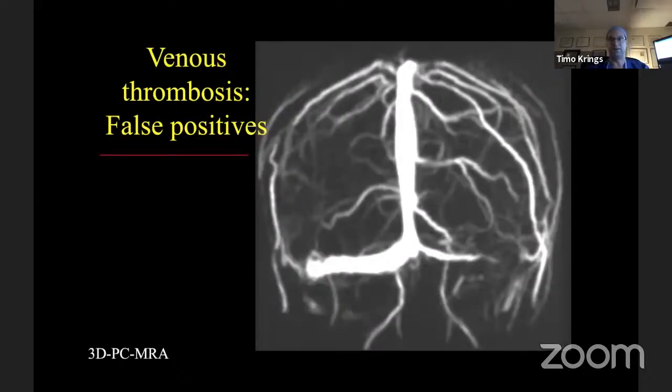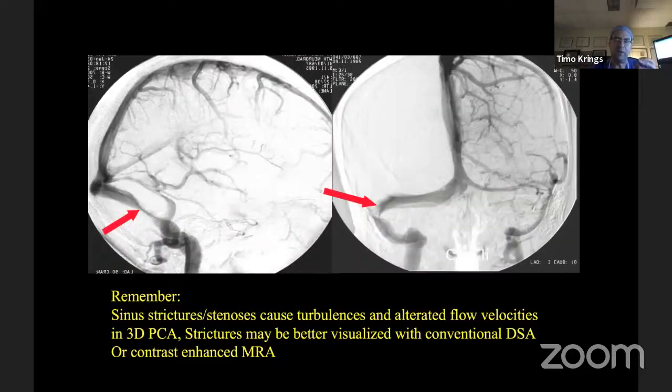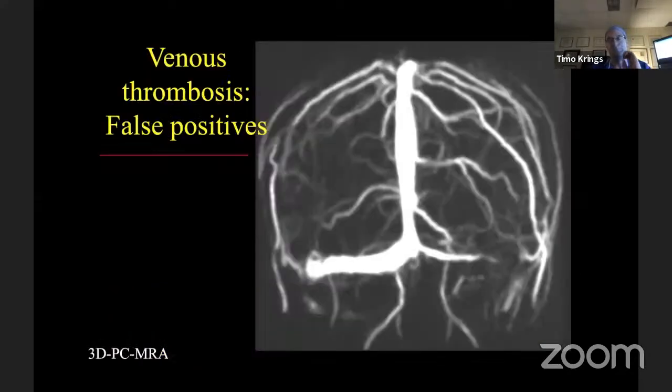What about this patient here? Does this patient have bilateral sigmoid sinus stenosis or sigmoid sinus occlusions? Well, the problem of three-dimensional phase contrast MRA is that you have to predefine the velocity that you are encoding.